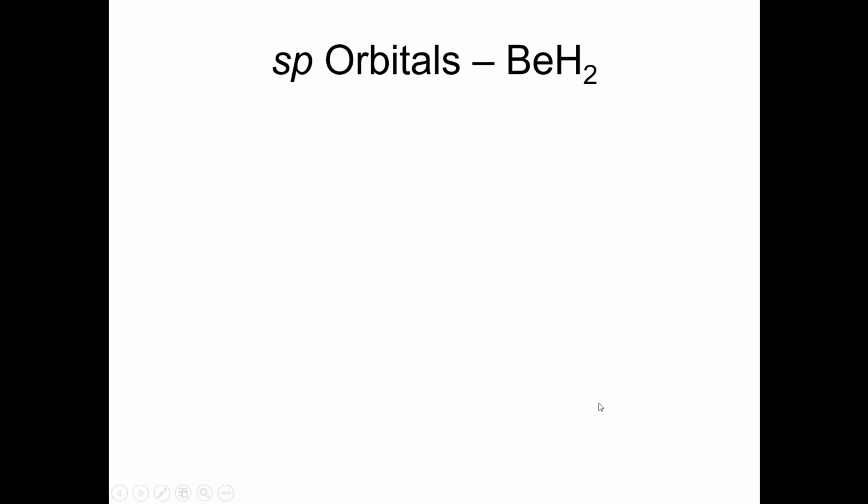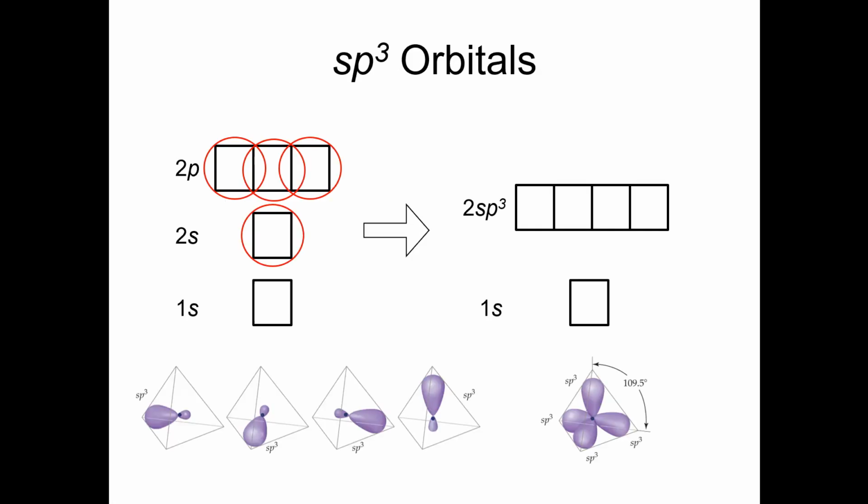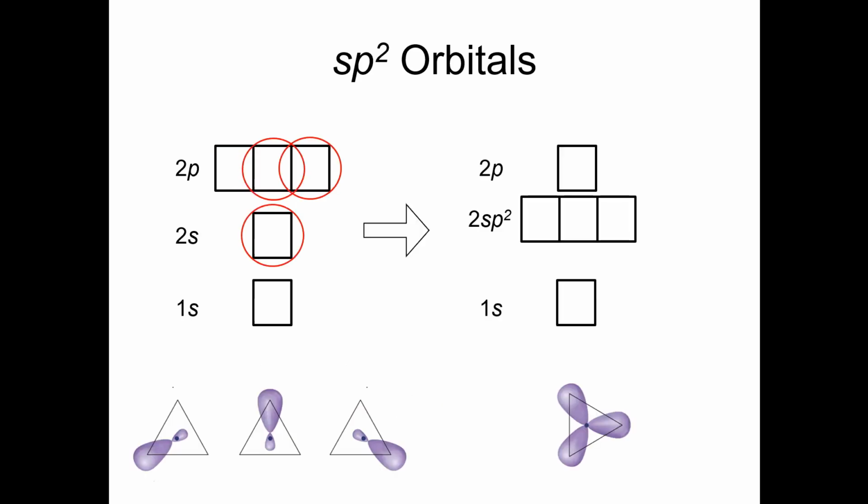And so it may have dawned on you what sort of central atom arrangement is associated with each one of these types of hybridization. sp3 hybridization gives you 4 orbitals in a tetrahedral arrangement, so you would use that when you had 4 electron domains. sp2 hybridization gives you 3 orbitals in a trigonal planar arrangement, so that's the hybridization associated with 3 electron domains around the central atom.